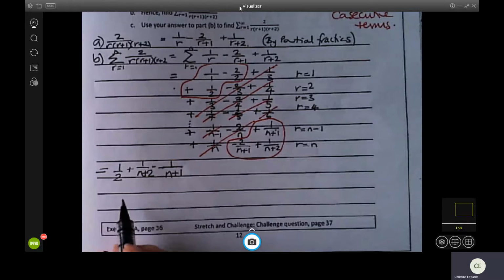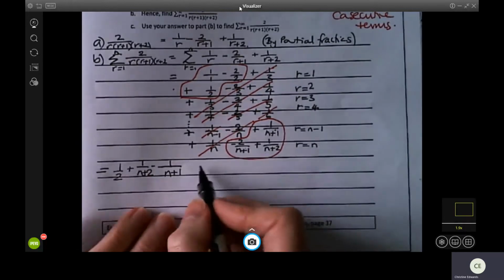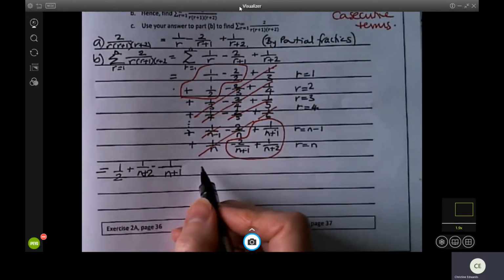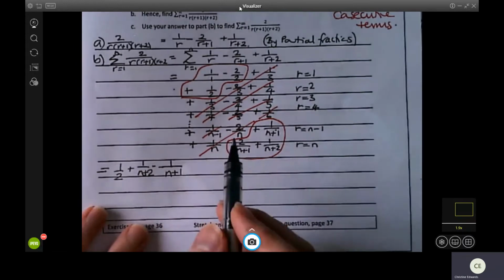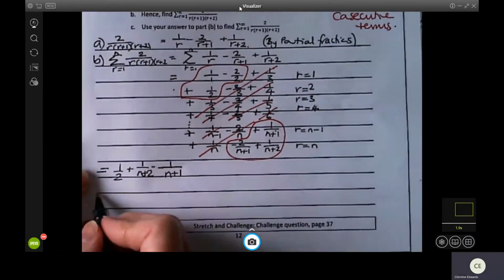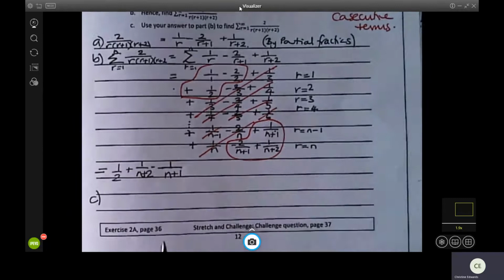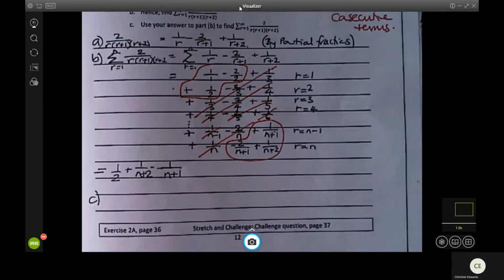Let's now have a think about how I might go on and use that in part C. Part C is asking me to consider a limit. Because it's asking me to consider what goes on when I go all the way up to infinity.